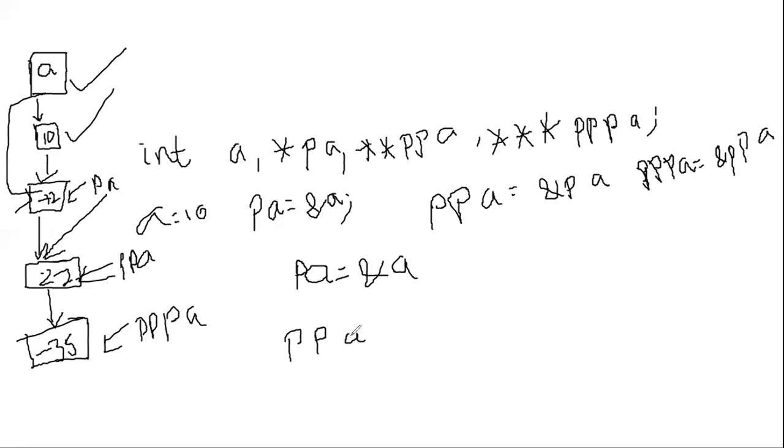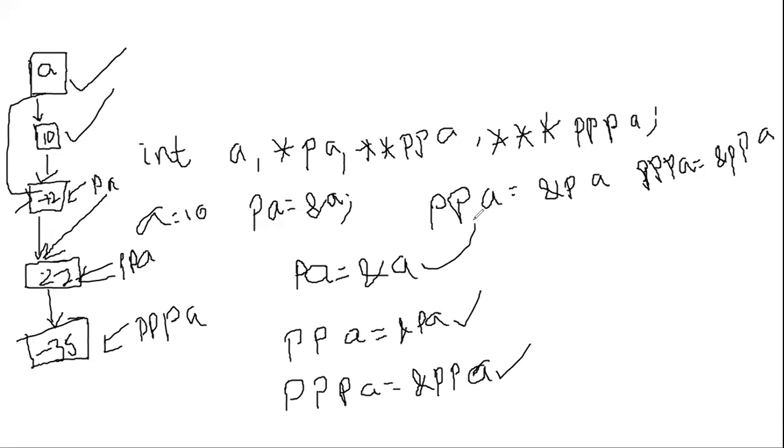That means PPA can store &PA. Next, TriplePA can store &PPA. This is called pointers to pointers. So the memory representation is like this. Now, if you want to see the program, I want to go to the program.